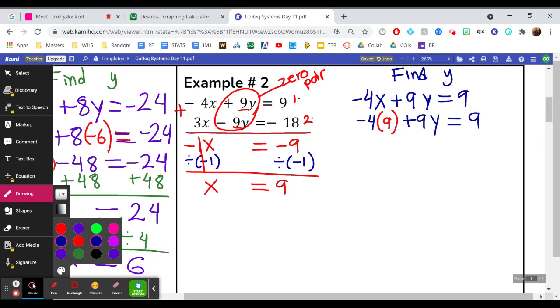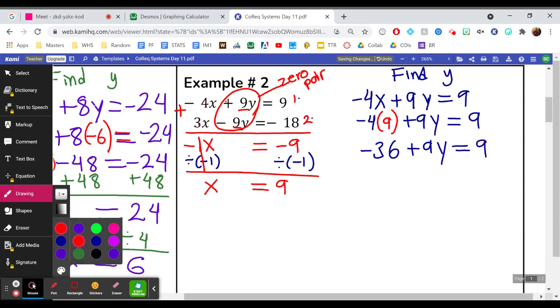So negative 4 multiplied by 9. Again, you can always double check on decimals, and that gives you negative 36 plus 9y is equal to 9.